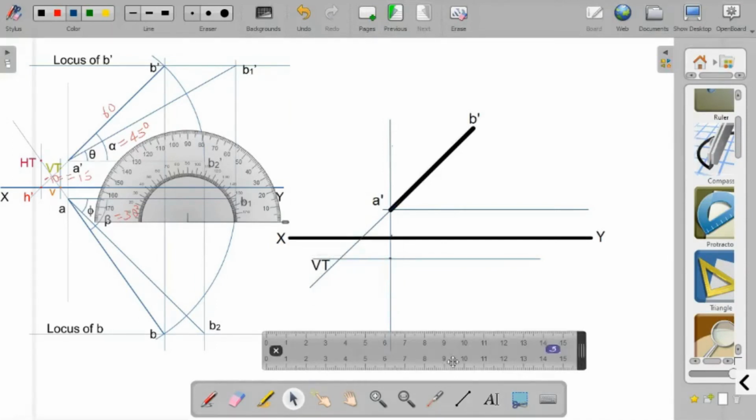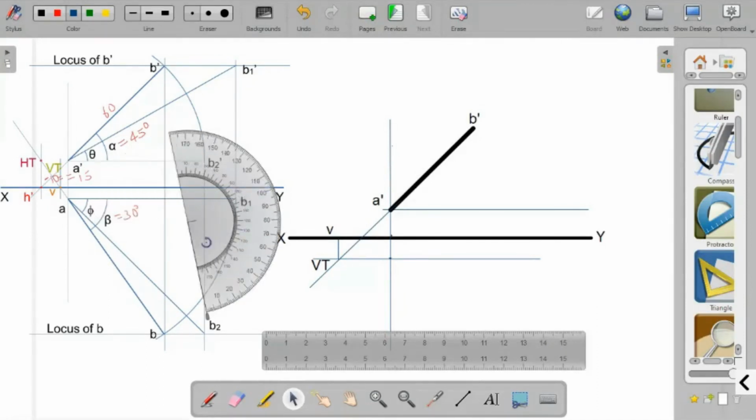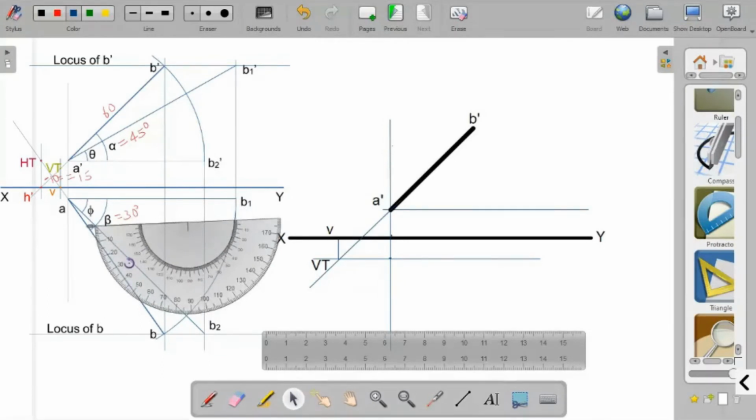Now from VT, if we draw a perpendicular line, we will get the point V. This is the point V. And from V, if we measure 30 degree, so here we obtained V. We know that beta is 30 degree, so that 30 degree can be drawn here.